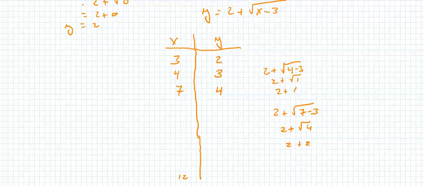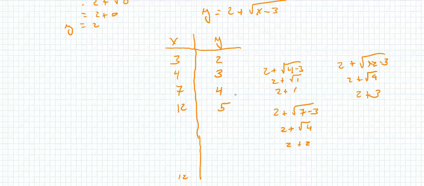Well, I know the square root of 9. So 2 plus the square root of 12 minus 3, 2 plus the square root of 9, and 2 plus 3. So I'm at 5.